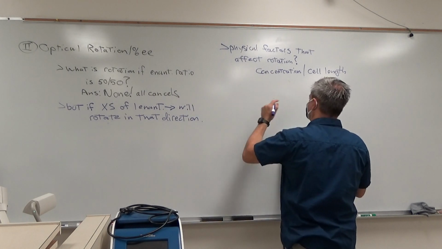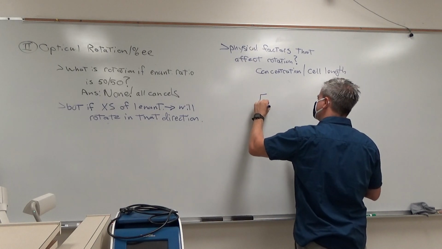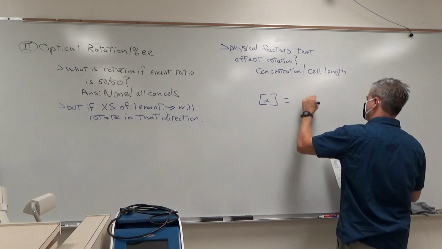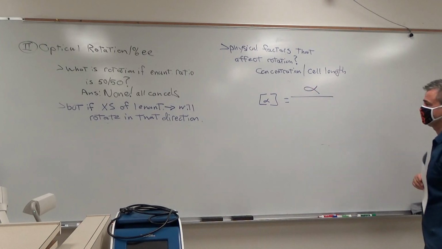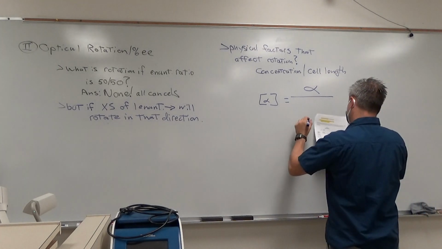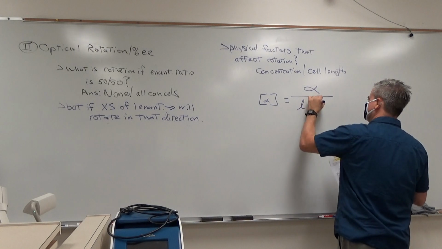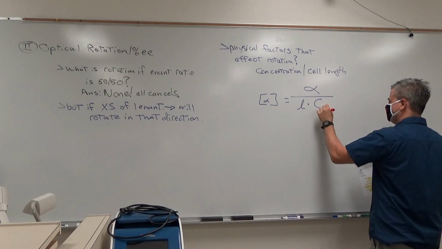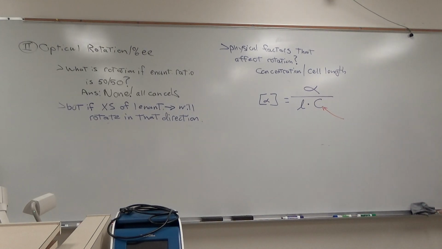All right, so here's our rotation that we read out of the machine. What we're going to do is divide that by the length times the concentration. Concentration is a little bit unusual.